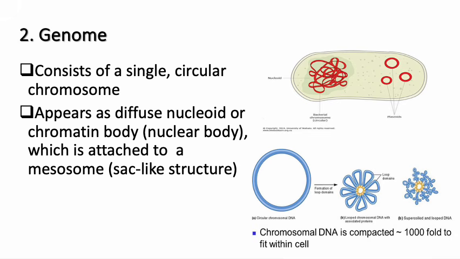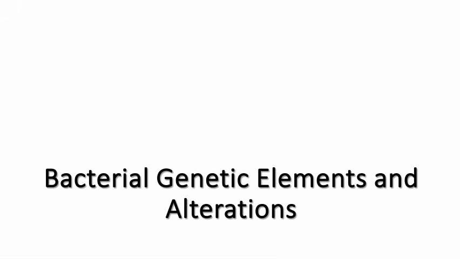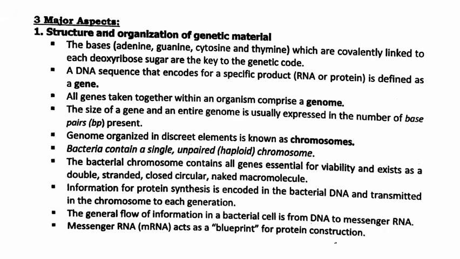Now, starting from here, I'll talk about the bacterial genetic elements and alterations. In this portion of the lecture, we will discuss the terms and mechanisms involving bacterial genetics. In the discussion about bacterial genetics, there are three aspects.